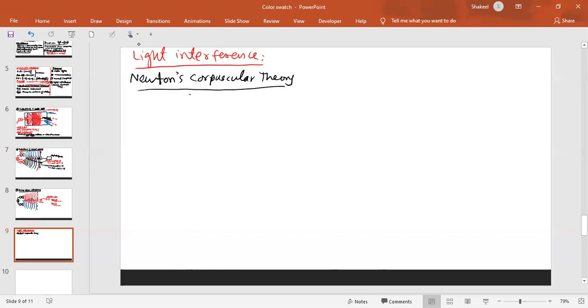Newton said that light consists of tiny particles. As Newton was a great scientist of his era, no one dared to stand against him. Although many scientists proved experimentally that light has a wave nature, his reputation was so strong that no one could deny Newton's corpuscular theory, even after 200 years of his prediction.